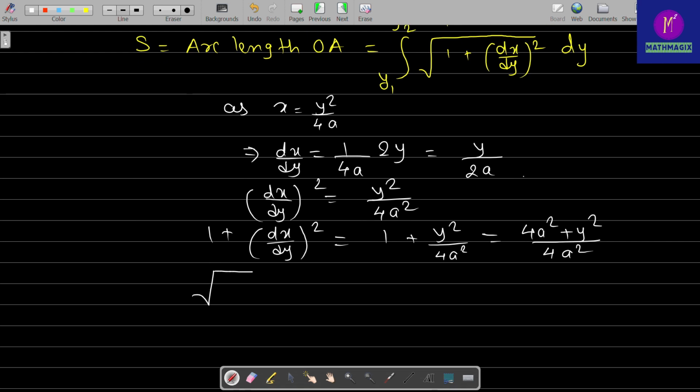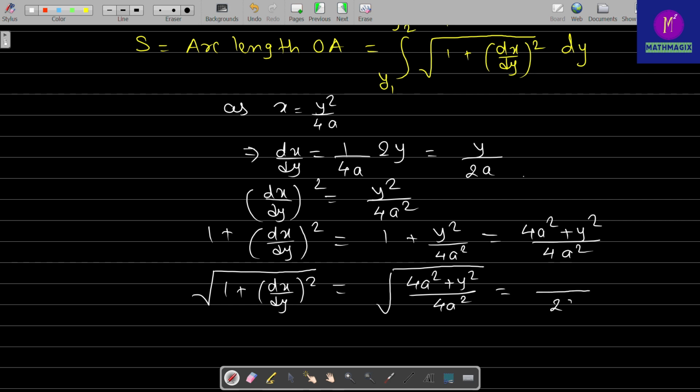So the square root of 1 plus (dx by dy) the whole square is equal to the square root of (4a square plus y square) divided by 4a square. Now here the square root of 4a square we can write directly in the denominator, that is 2a, and in the numerator we already have the square root of 4a square plus y square.